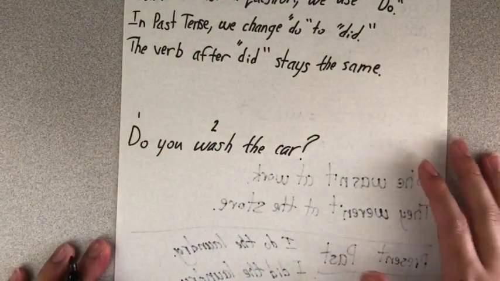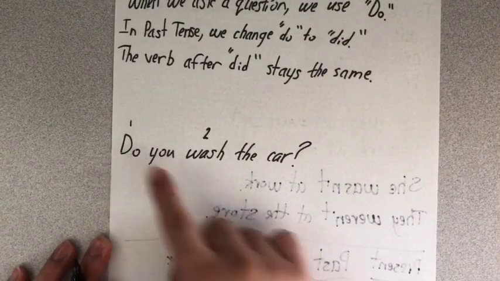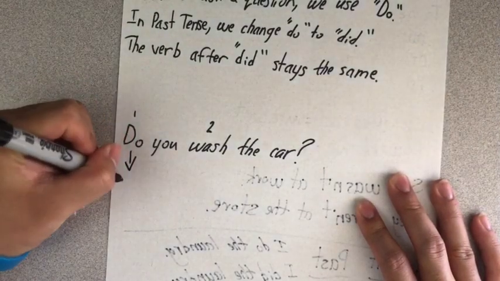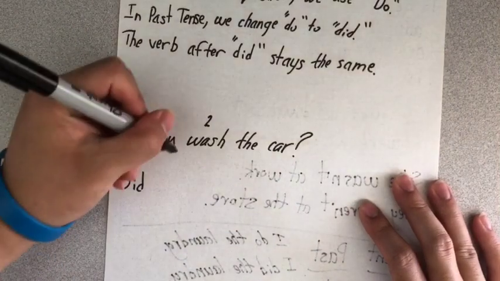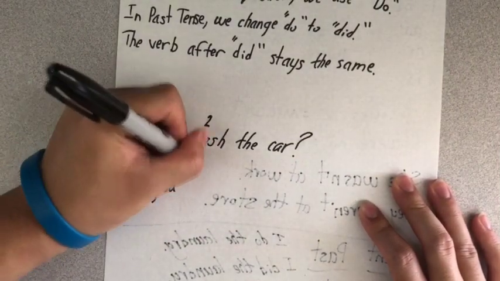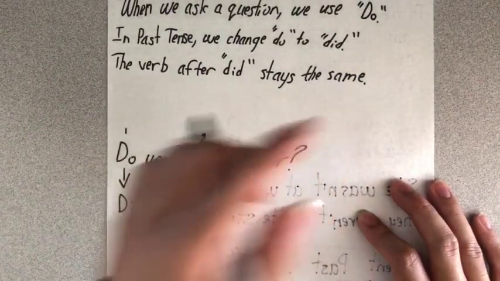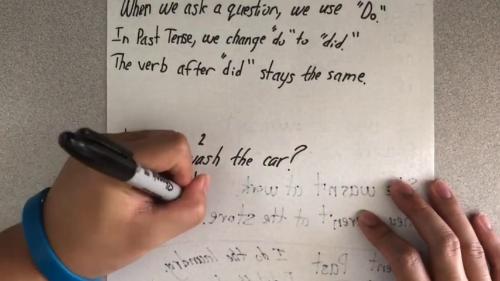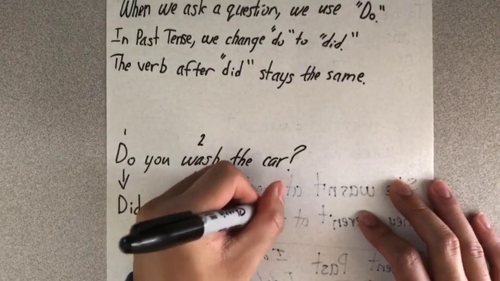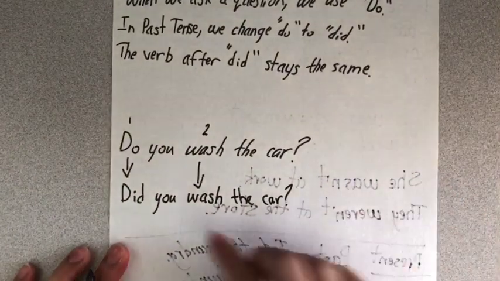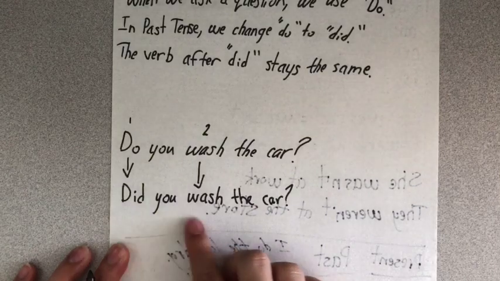We only change the first verb. The first verb is do. So we change do to did. The verb after did, wash, stays the same. Did you wash the car? In present tense, we say, do you wash the car? In past tense, we say, did you wash the car?